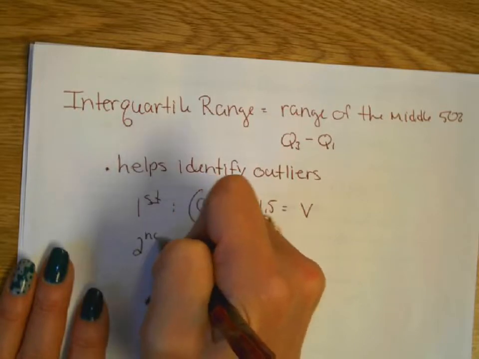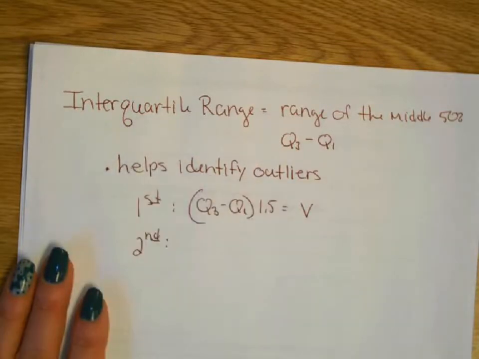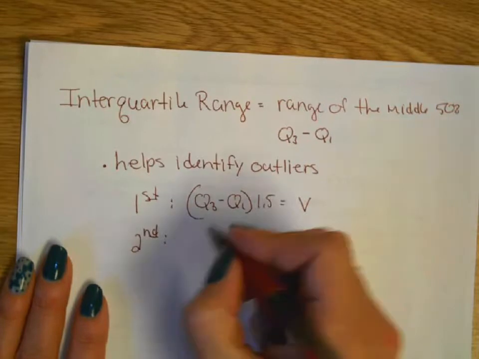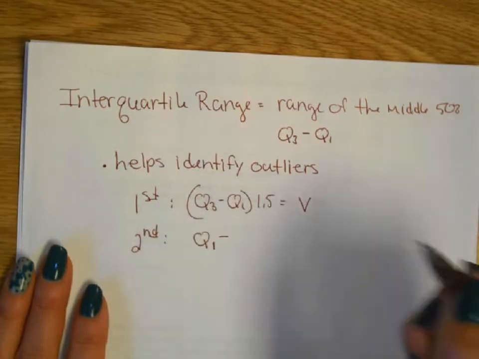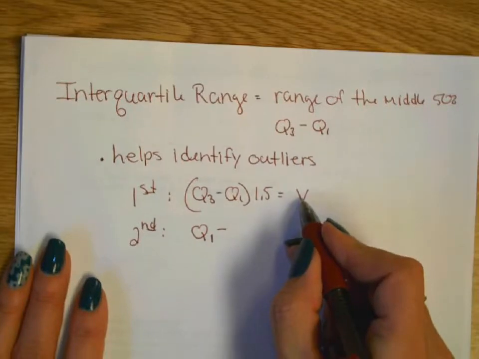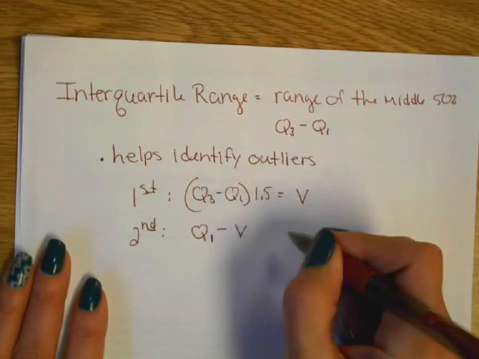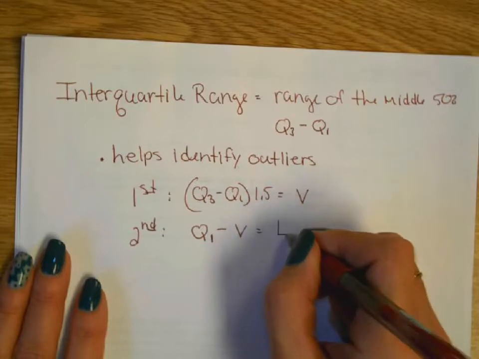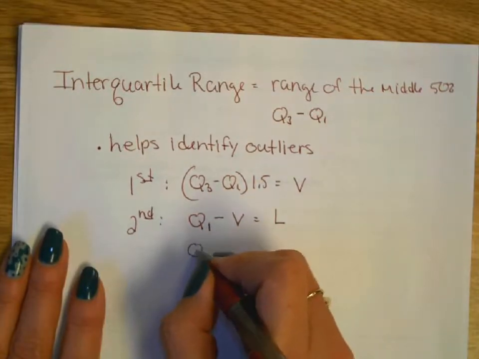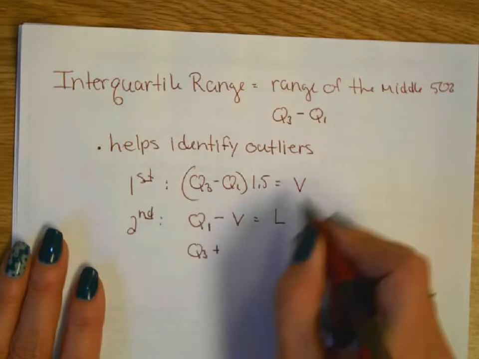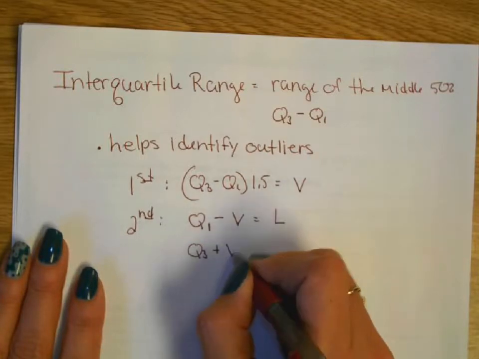Now what you're going to do is go take your Q1 value, Q1, and subtract this answer, this value here. We'll call that our L for our lowest end. Then take your Q3 value and add this V to it.